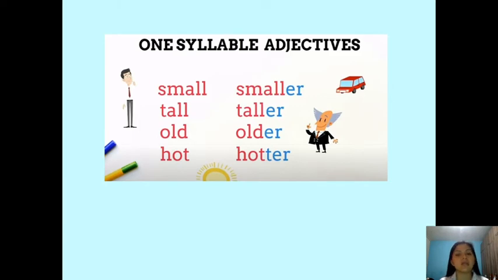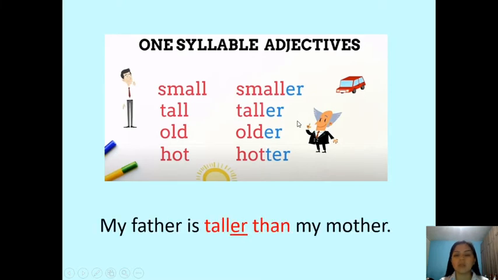So when you find a one syllable adjective, you will add ER to the adjective. We add ER to the adjective, and we have one example: my father is taller than my mother.